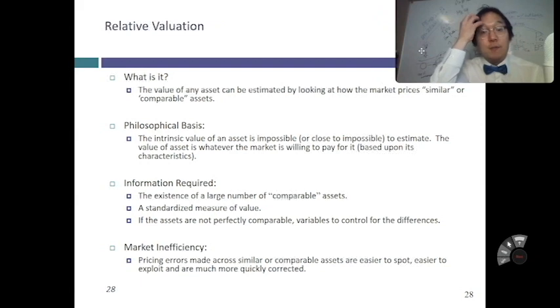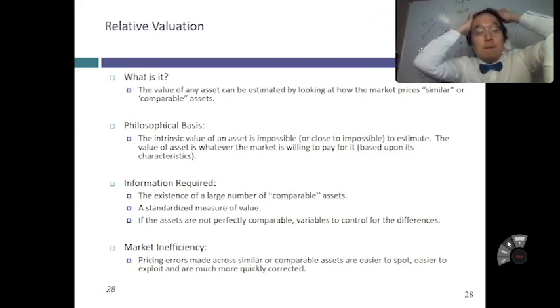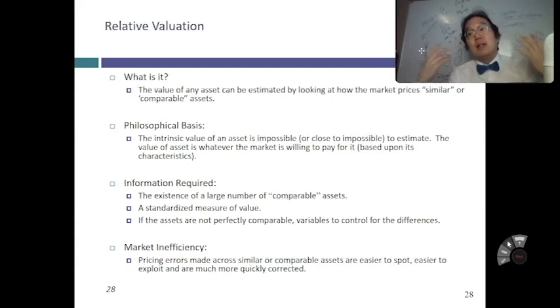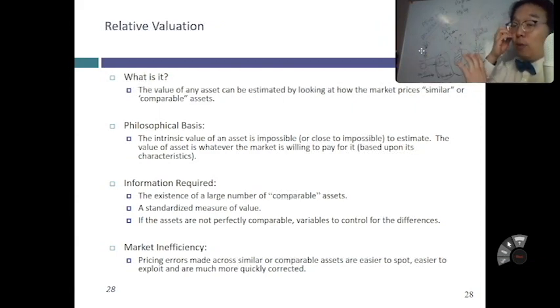That's the idea. Information required. Well, the existence of a large number of comparable assets, right? The more comparable companies, competitors, the better, because your estimation will have a lot more confidence in it, so that you have a more precise value estimate. A standardized measure of value has to be there. In this case, PE ratio. What was the standardizer, or the denominator?